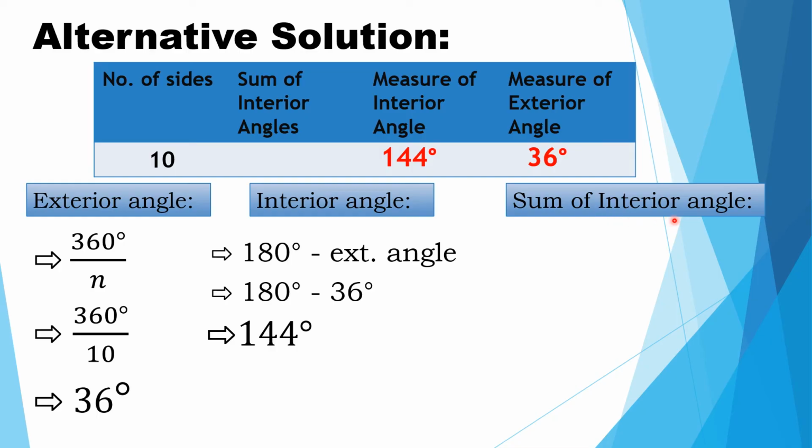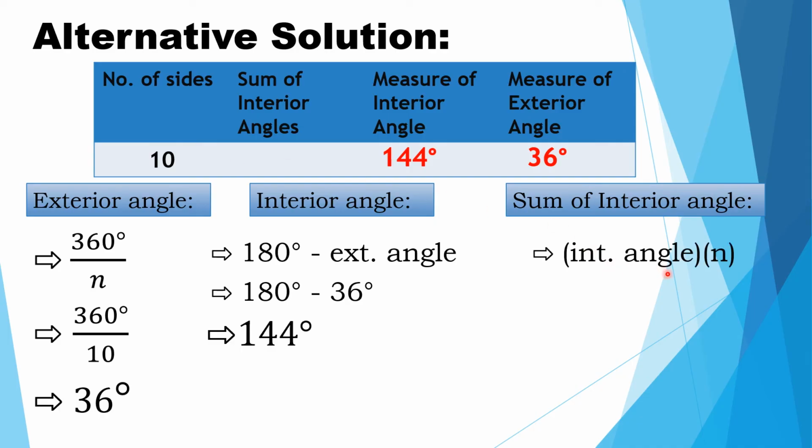Sum of the interior angles. Since the measure of each interior angle is 144 degrees, multiply it by the number of sides, which is 10, to get the sum of the interior angles.